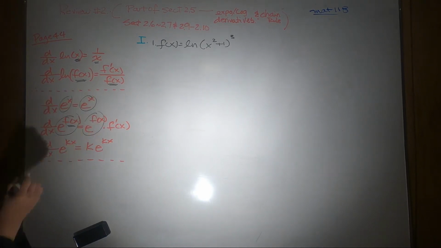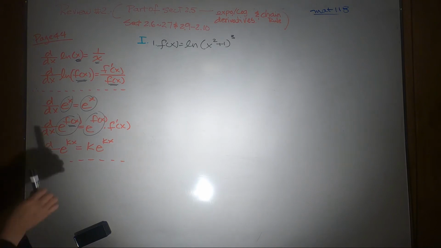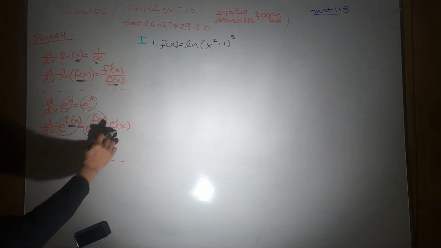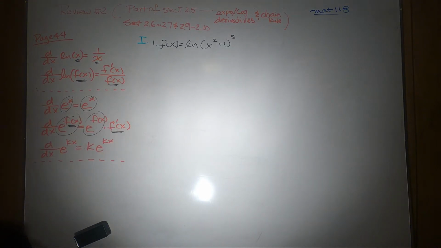Then for the complicated part, instead of the original x, you have to do the chain rule on this complicated part. That would be f prime of x, right?